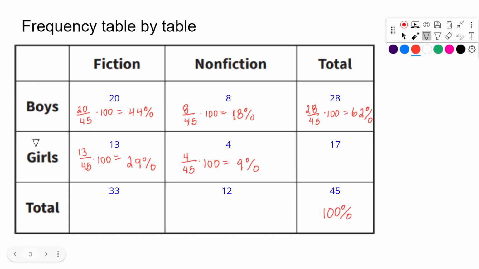And then let's just check that final value, or percent, excuse me. 17 divided by 45 is going to be 38%.